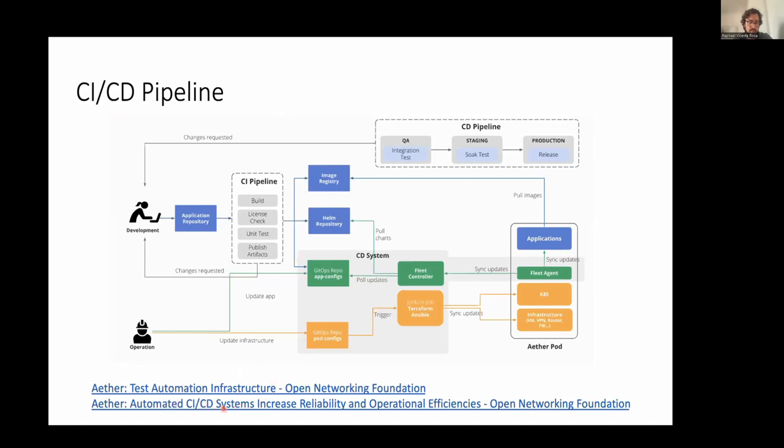Aether has a very well-defined CI/CD pipeline for quality assurance. Think about a specific environment with a Kubernetes cluster, with Aether deployments, SD-Core, SD-Fabric, and SD-RAN, running integration tests that consume the artifacts from each one of these projects.